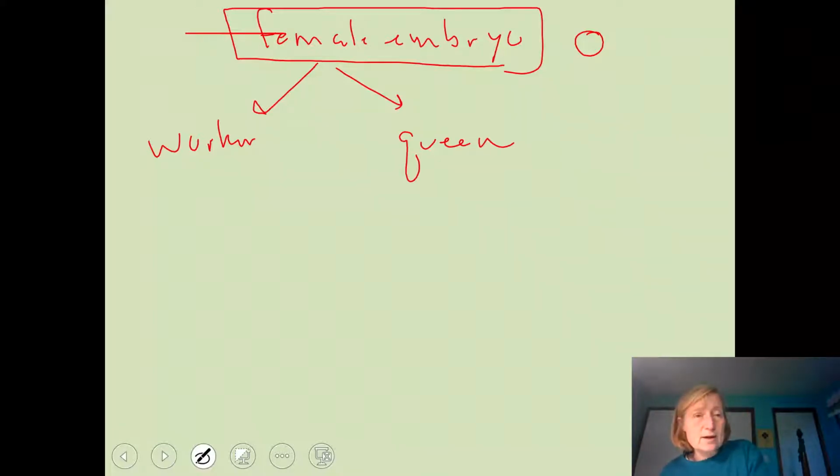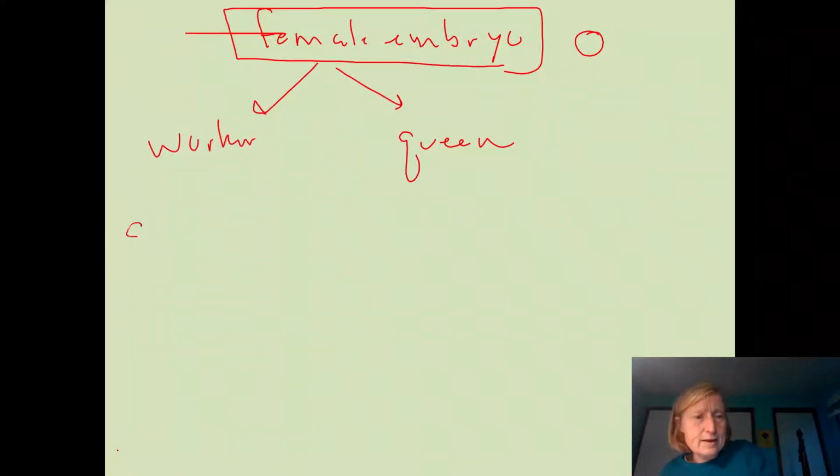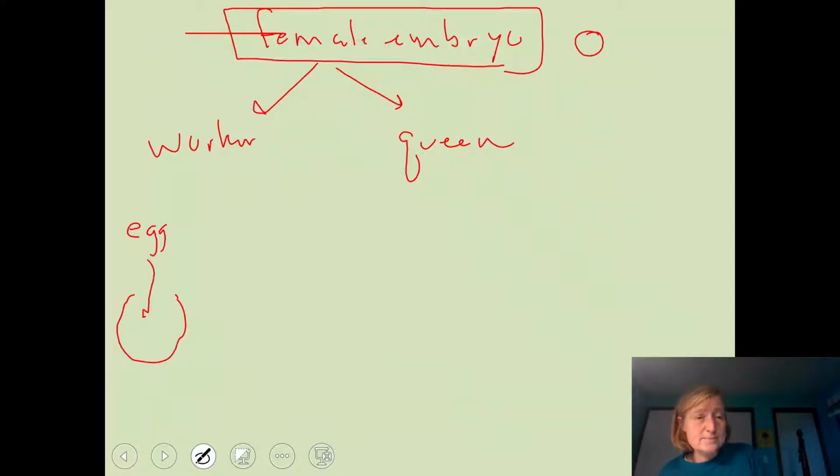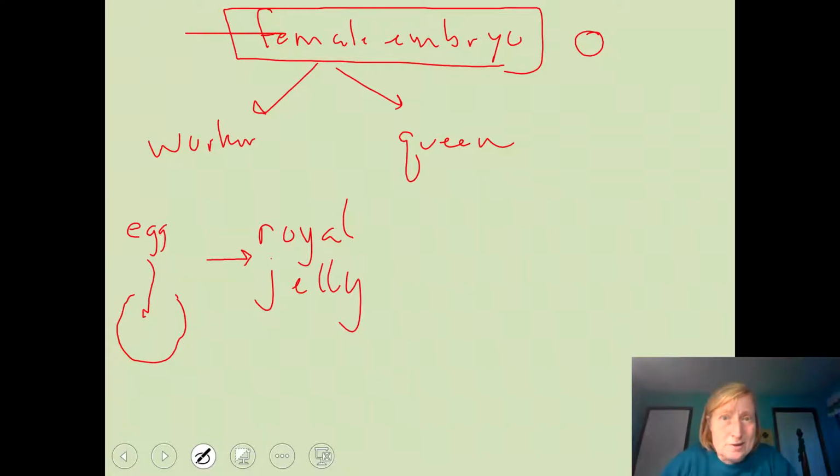So typically, embryos that are destined to become a queen are put into a special compartment, a specially developed compartment, and then they're fed a special diet. It's all about the diet. They're fed what's called, and you may have heard about this, it's kind of popular actually to eat, a royal jelly. And you might not want to know where it comes from.